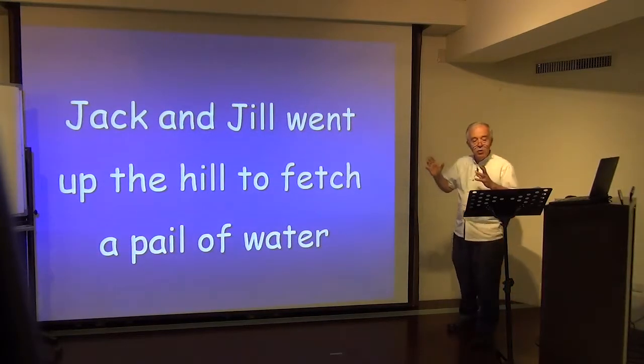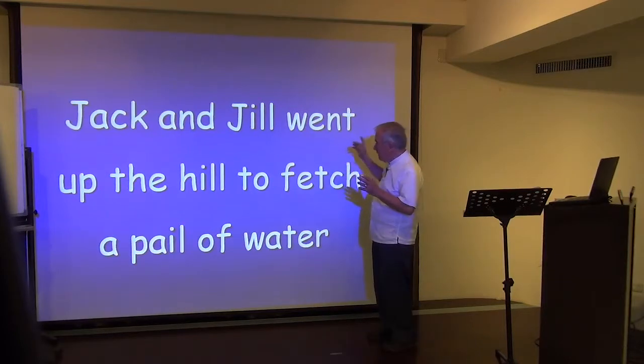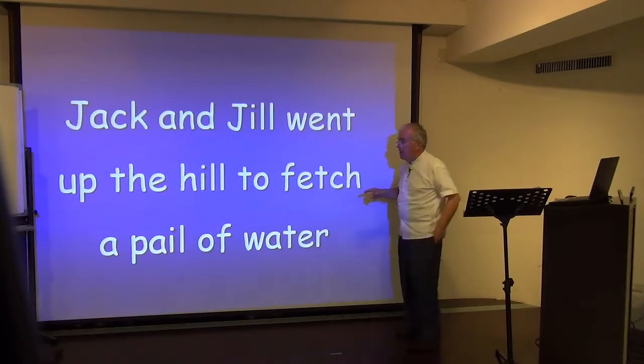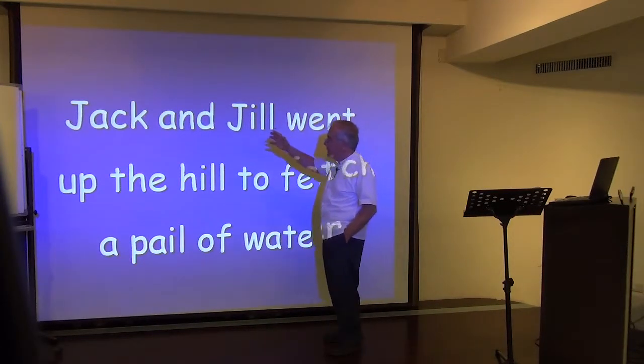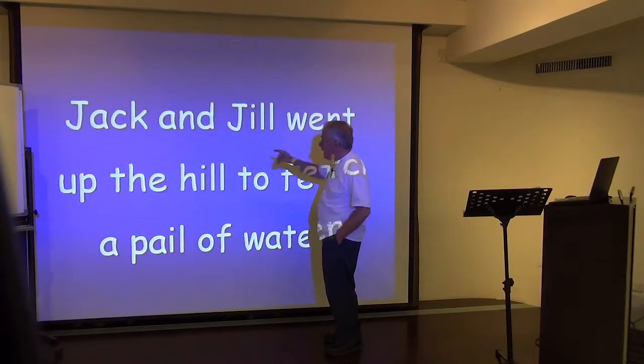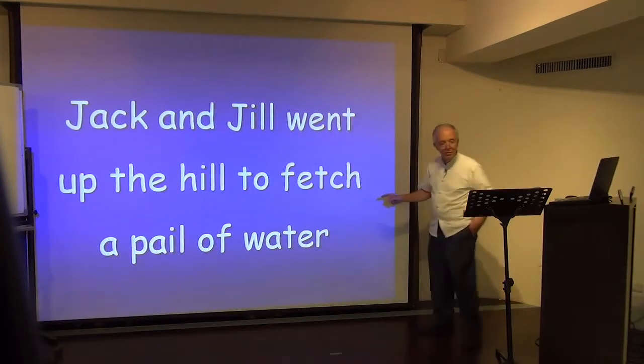You see, in English, we group words together. Jack and Jill went up the hill to fetch a pail of water. But if you had a Chinese person reading this sentence, they would say, Jack and Jill went up the hill to fetch a pail of water.